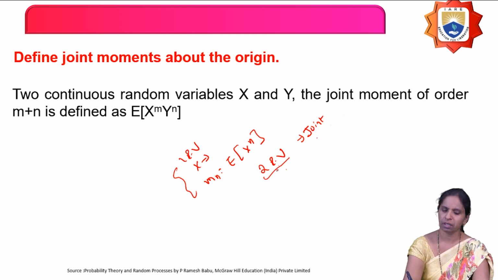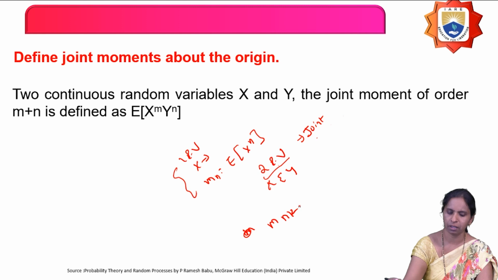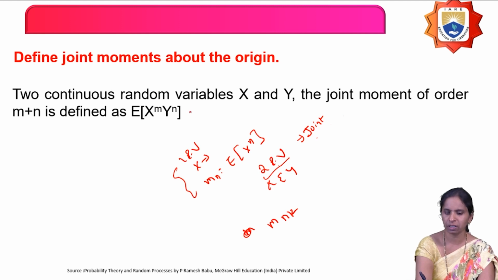Now, if you take two random variables x and y, then the joint moments about the origin are represented by Mnk, which is the expectation of x power n into y power k.